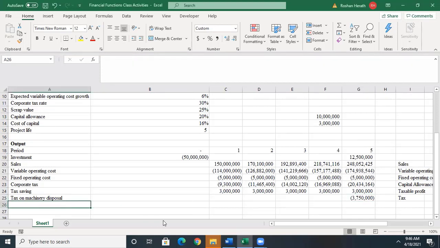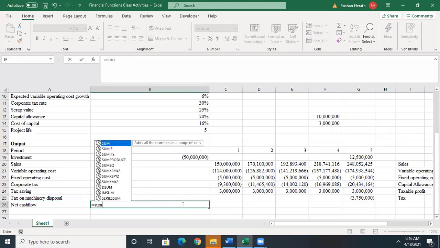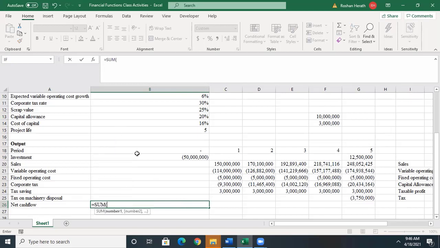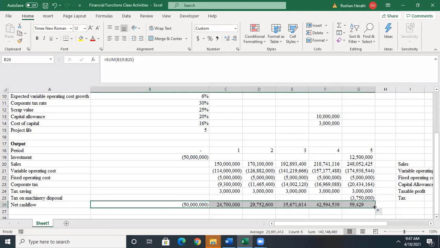Now we are done with all the cash flows. Then thereafter what we have to do is take the net cash flow. You can get the net cash flow: $50 million in year 0. Year 0 means today.